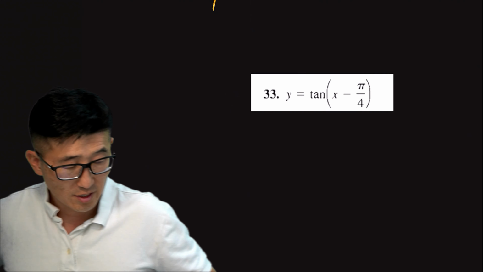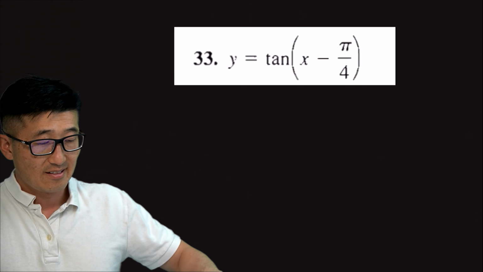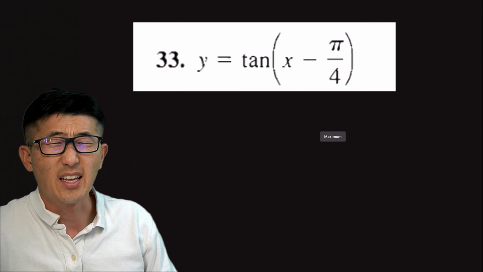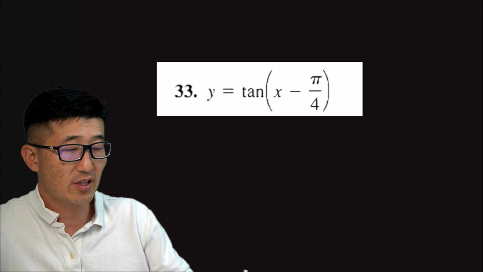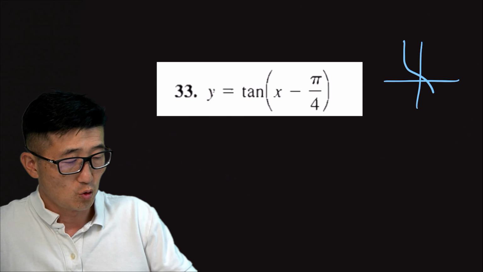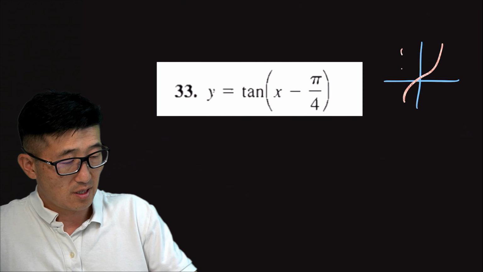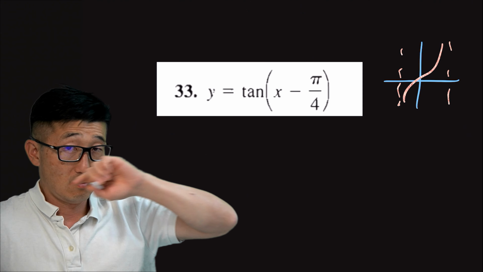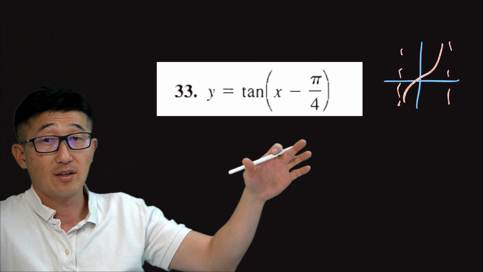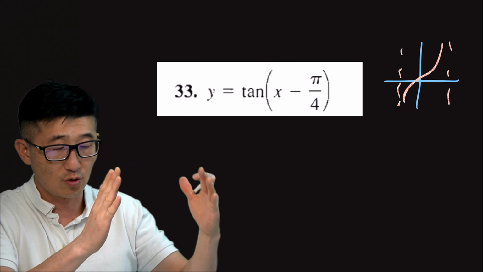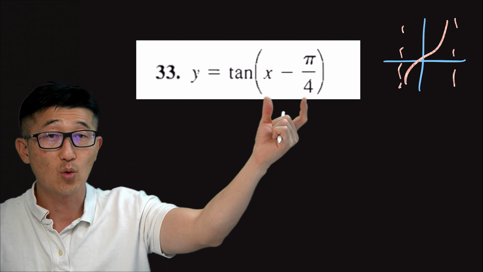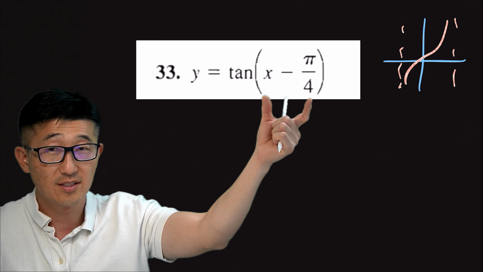Okay, with this, you're like, oh, okay, tangent. So again, we know the shape of a tangent is just the other way actually. It's just that, right? So we just have to figure out which way those vertical lines go. Well, all you have to do is take whatever's in the parentheses.